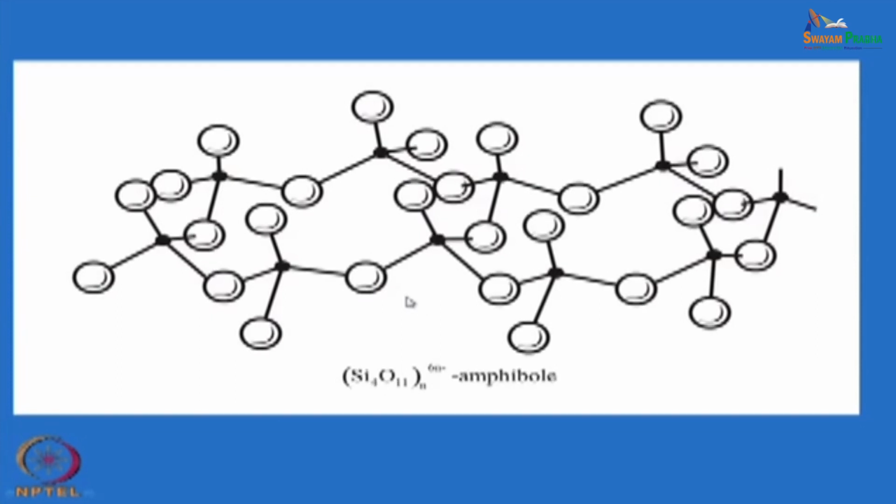So, effectively 2.5 out of 4 is actually shared, and this particular structure is called amphiboles, and the unit formula depends on the number of tetrahedra in a chain, you will get a value of n there. So, it is variable, so there will be different kinds of structures or minerals having different kinds of formula.